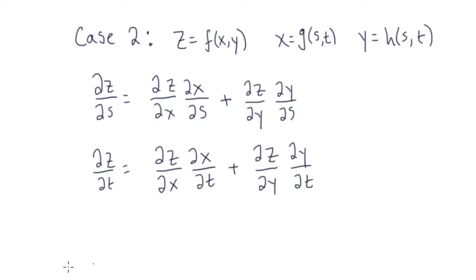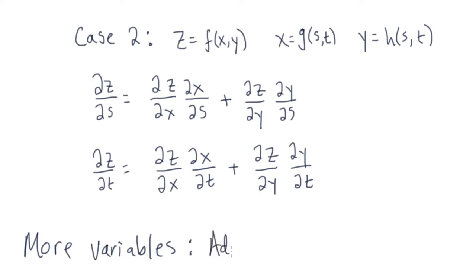So what about more variables? Well, I'm not going to actually write down any more explicit formula, but I'm going to tell you a general principle. And I hope that you think about this and maybe even write down the case for 3 variables. But for more variables, you just add the appropriate terms.